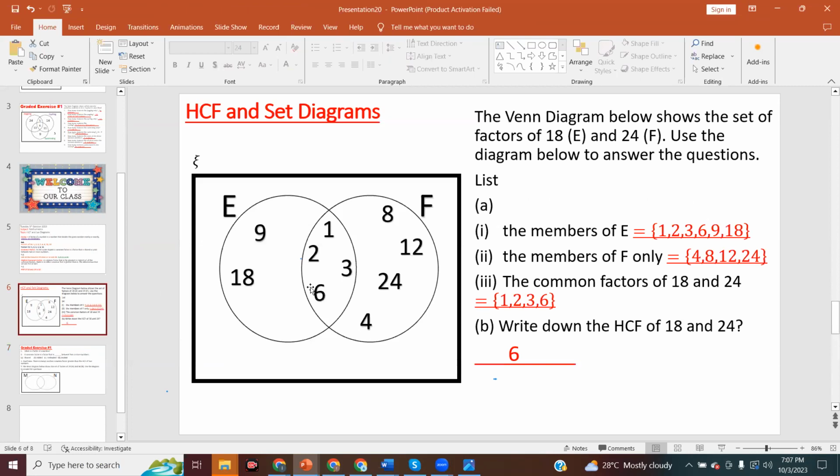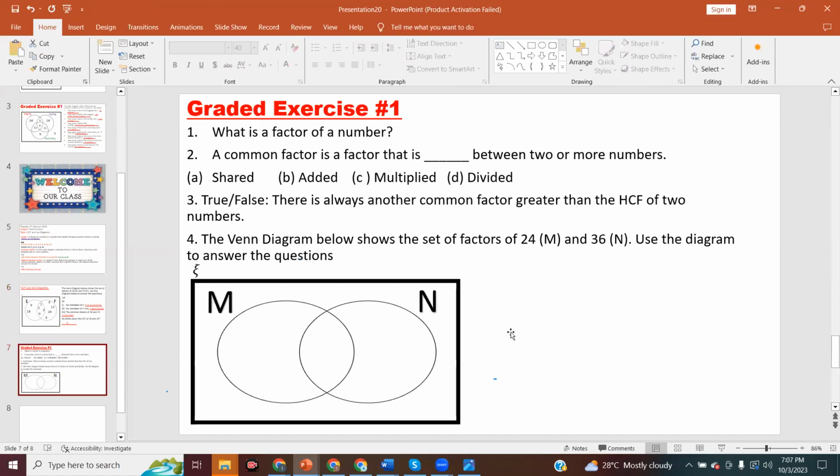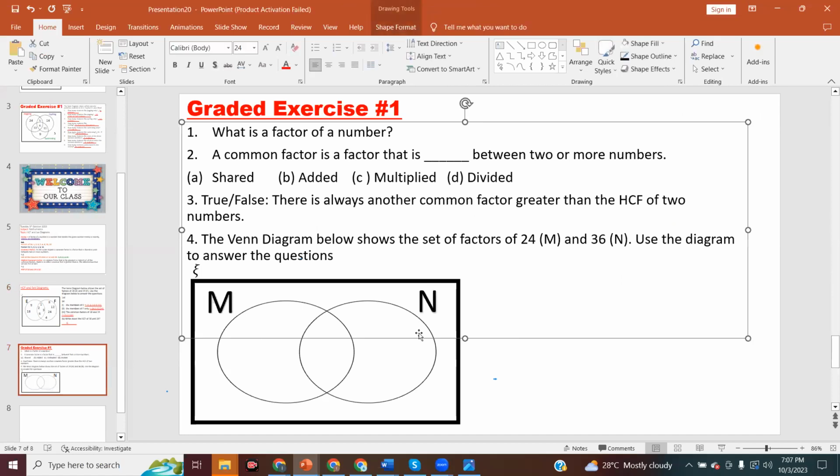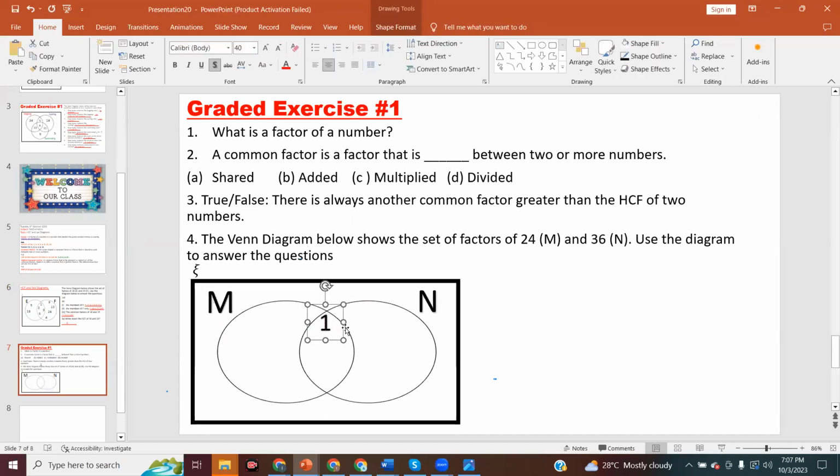So let's fill this in. Say we have 1, let's say we have 2. Let's say we have 3.